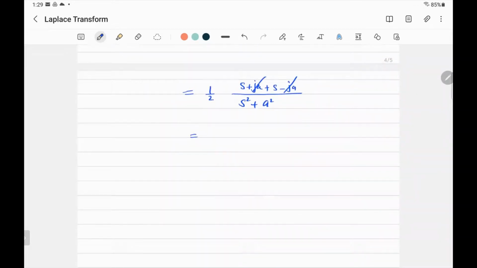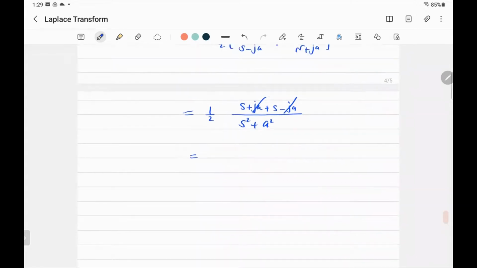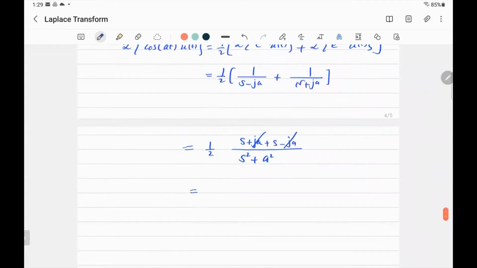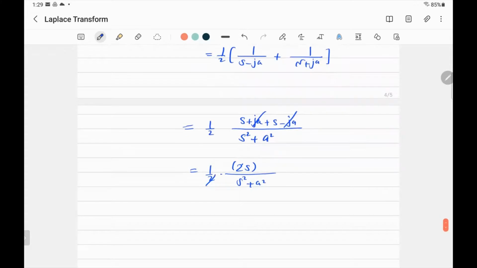The ja cancels the minus ja, so you have 2s in the top, s squared plus a squared, and the 1/2 cancels. So the Laplace of cosine at u(t) is equal to s over s squared plus a squared.